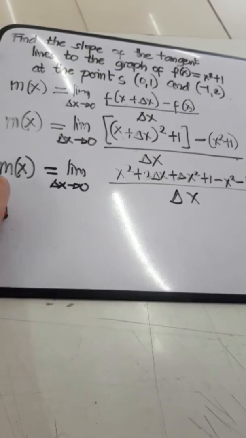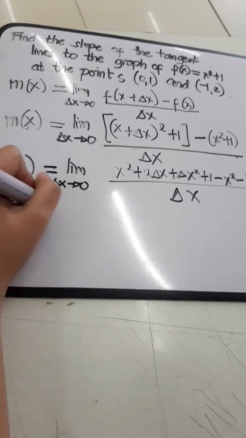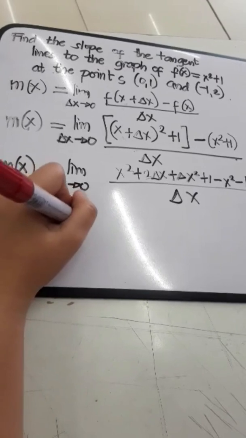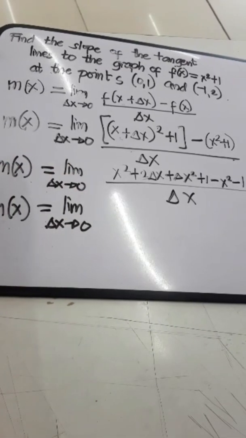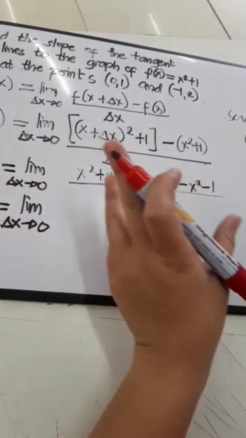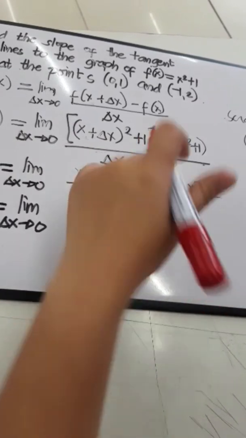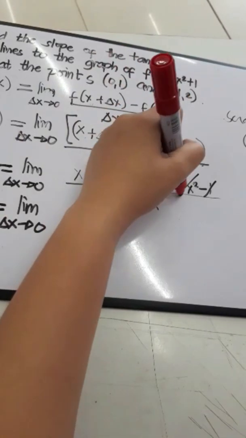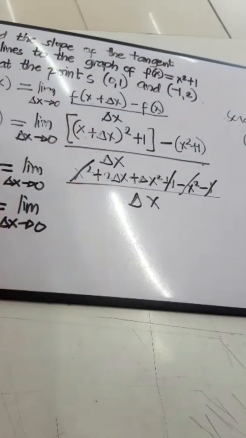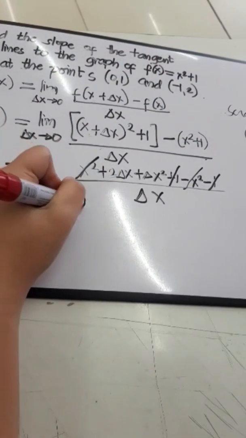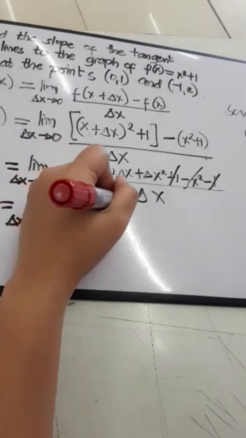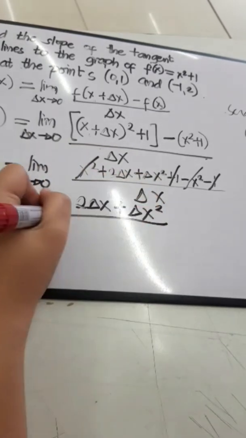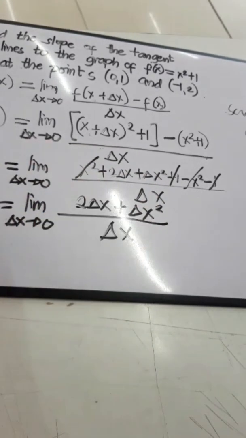Okay? Now, we are going to proceed with the next step sa pag-simplify. As delta x approaches to 0, what elements sa equation ang pwede makancel? So, si 1, cancel out. Next, si negative x squared canceled out. So, ang nabilin si 2x delta x plus delta x squared all over delta x.